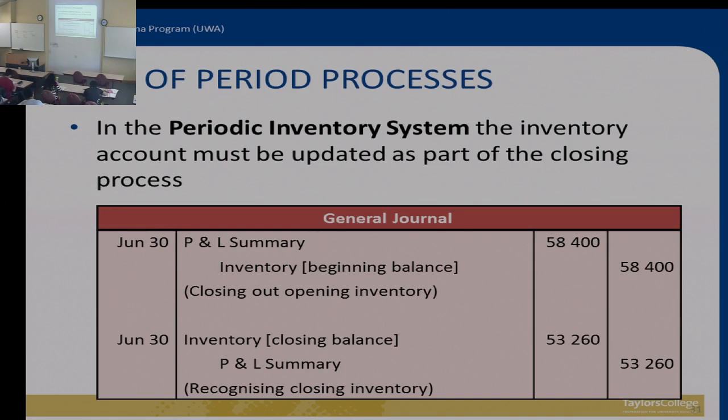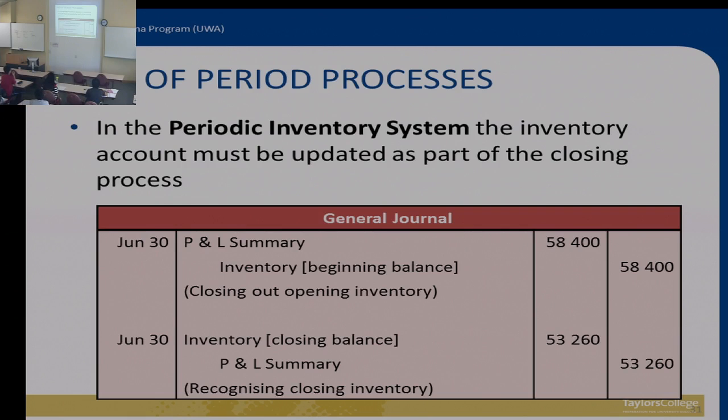The end of period processes is your closing entries, closing when you use the periodic system. At the end of period, you close off your beginning inventory in one of your closing entries. So this is what you're doing here. Your beginning inventory of 58,400, you're reducing to zero here with this transaction through utilising the profit and loss summary account.